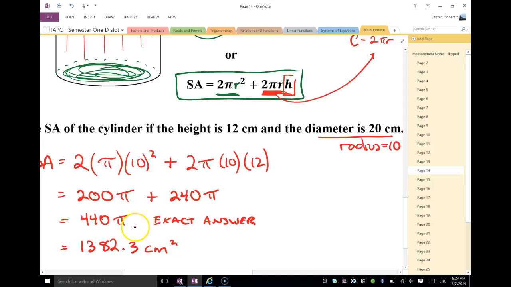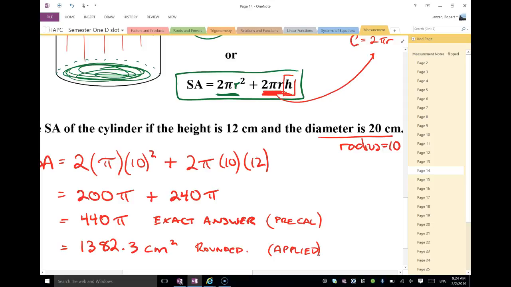Those answers are actually the same, except that this one has been rounded off. We'll call this the pre-cal way. This is how you would be expected to answer in pre-cal, and this is totally acceptable, but it is rounded off.